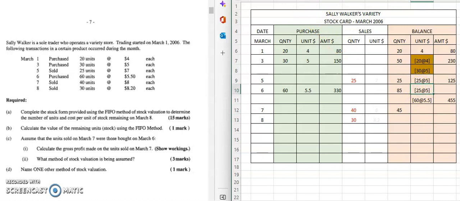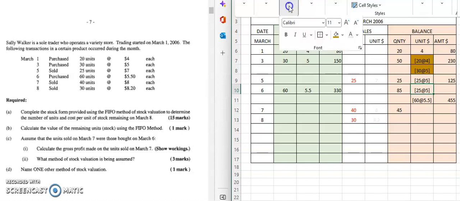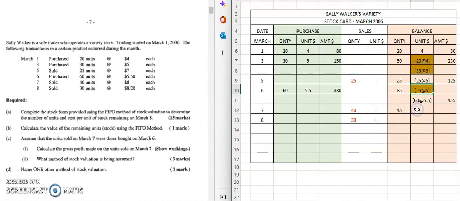So she's going to sell this 25 plus 15 out of this 60, leaving her with 45. Notice again, let's get that correct. She's going to sell this 25, and 15 out of this 60, leaving her with 45.